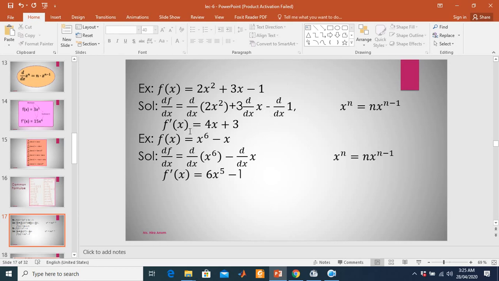So our derivative is f prime of x equals 4x plus 3.